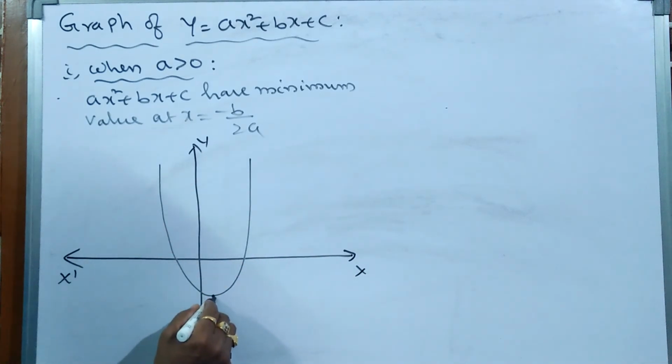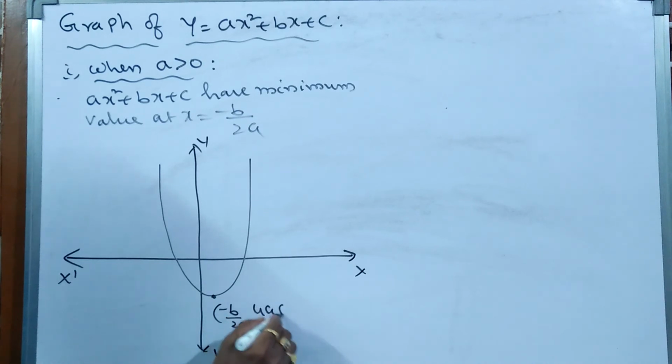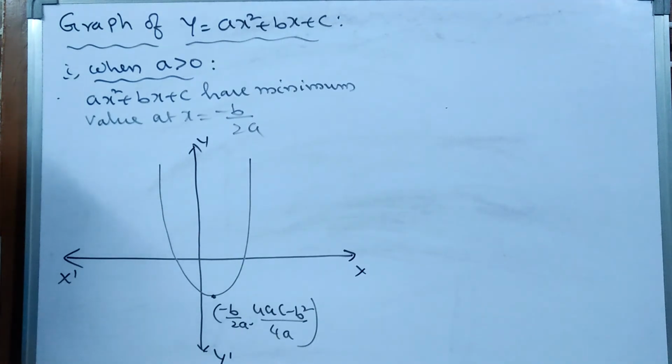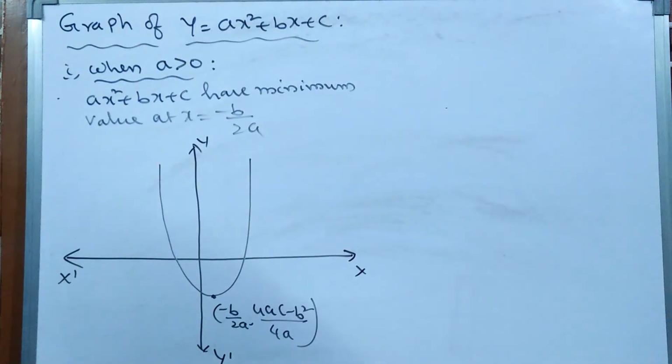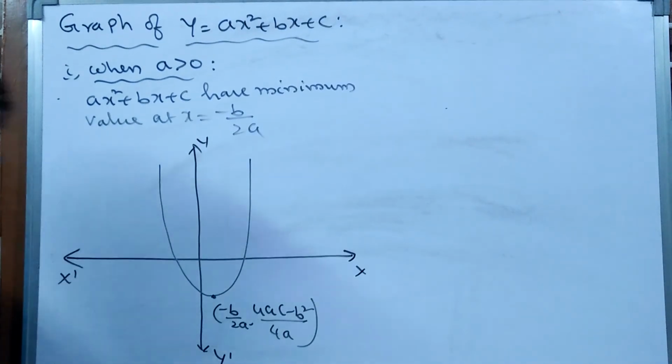So this is the minimum value. Here at x is equal to minus b by 2a, the value is 4ac minus b square by 4a. The vertex of the parabola will be minus b by 2a comma 4ac minus b square by 4a.